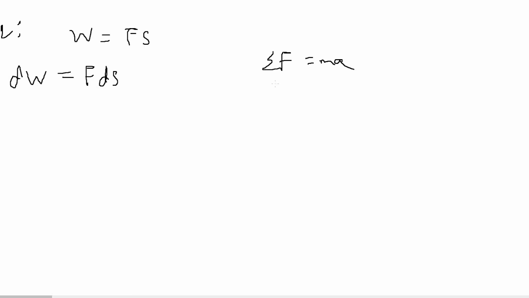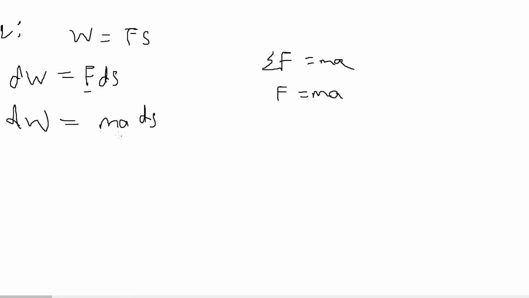We'll assume we only have one force, because in the work formula we only have one force, so F is equivalent to ma. Now we can plug it in. So we'd have dW is equivalent to ma ds.